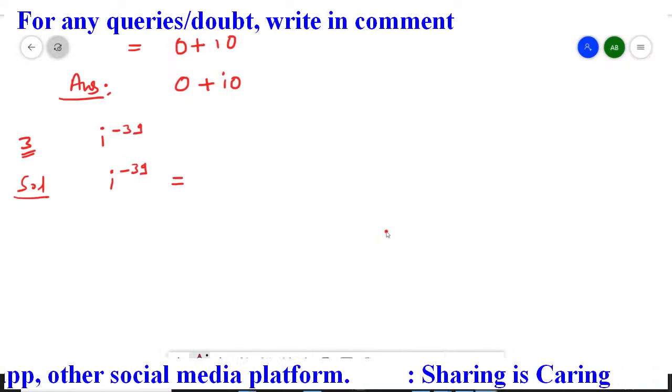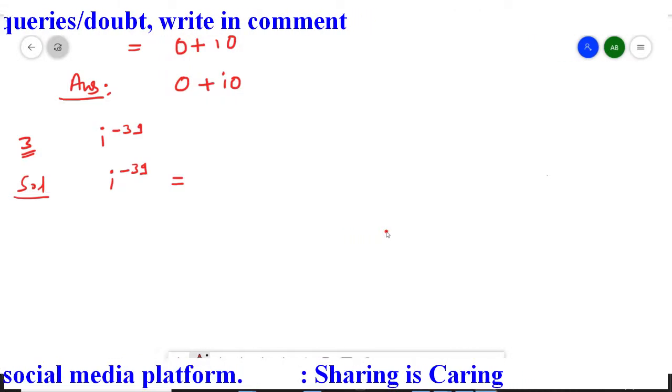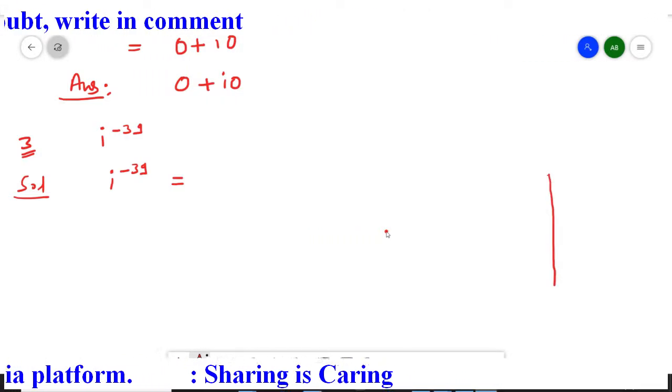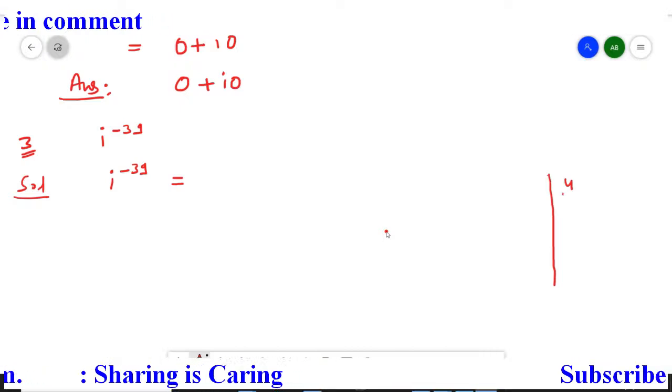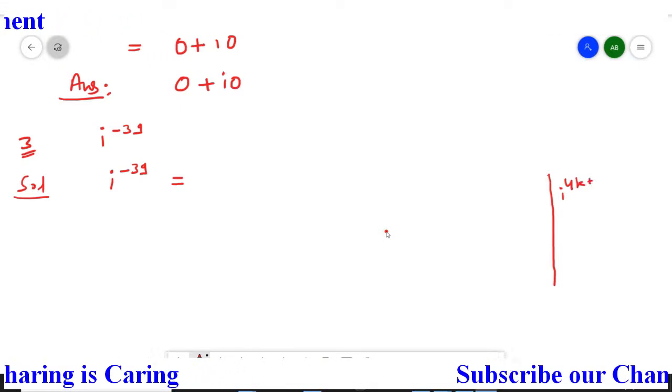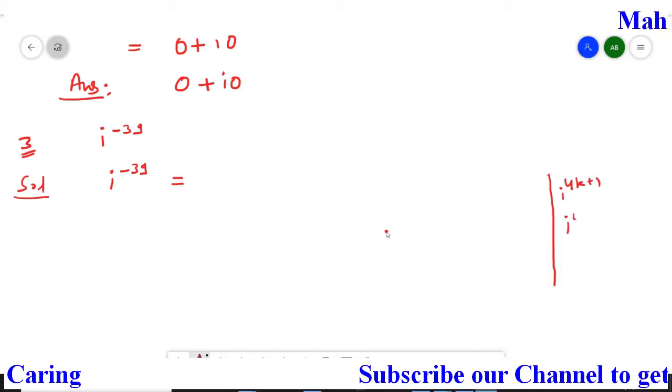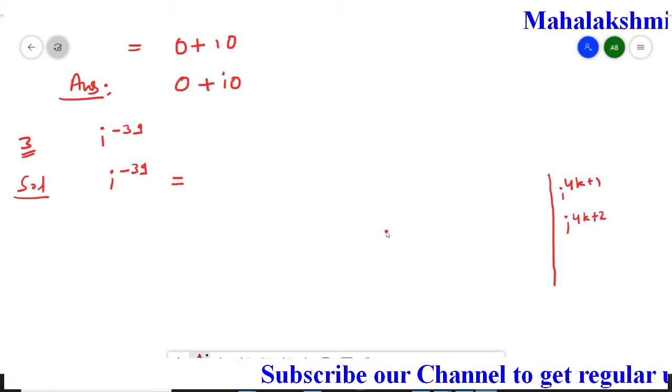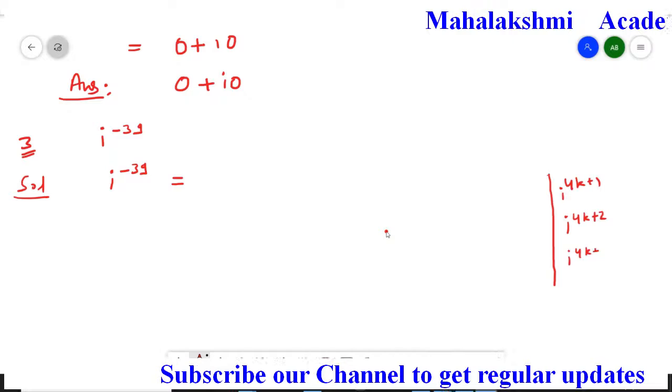There is no option for negative powers. So just see the formula once again; I am writing it here. The power we have to convert as iota power 4k plus 1, or iota's power 4k plus 2, or iota's power 4k plus 3.